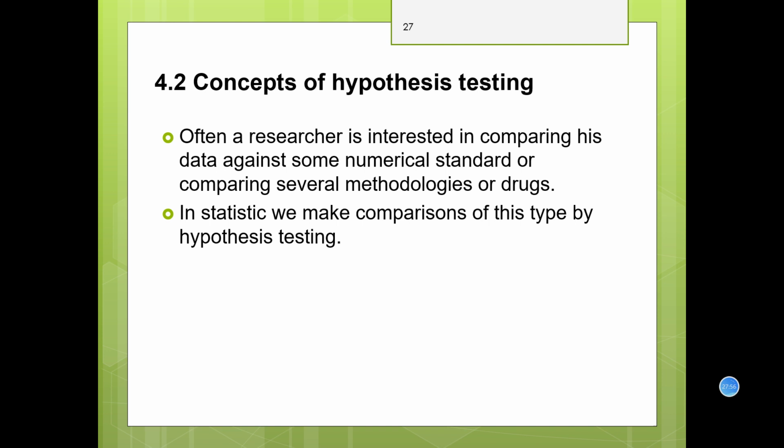So this method of hypothesis testing is used for comparing. For example, we want to know the effect of two drugs. We want to know which one is better, so we need to compare the effect of these two drugs.